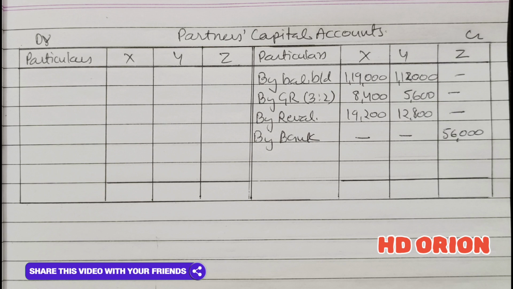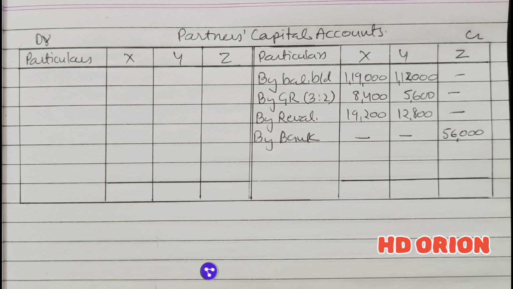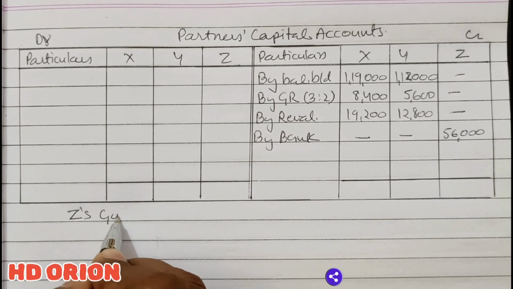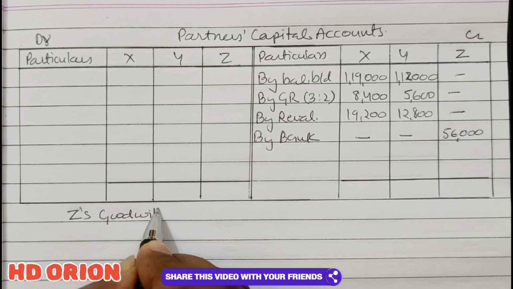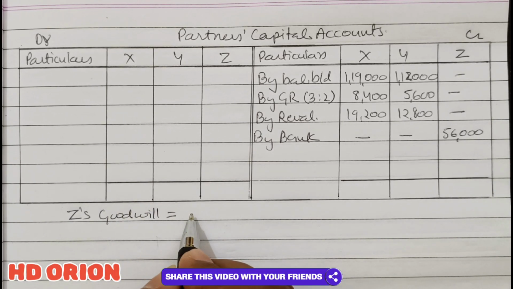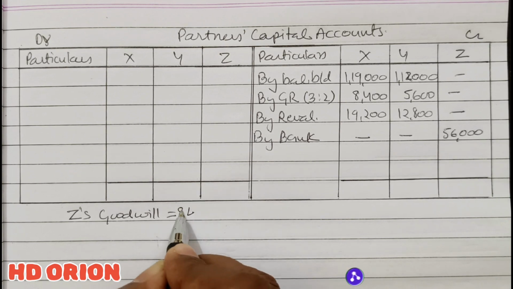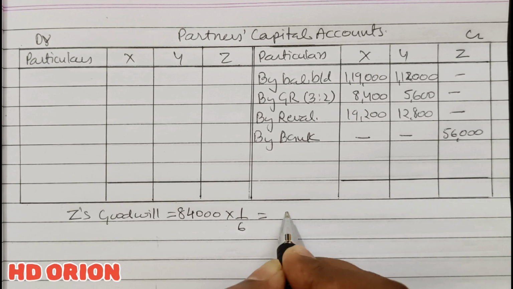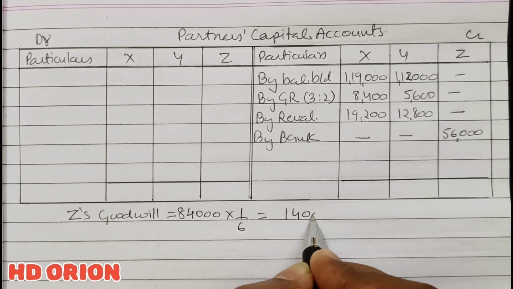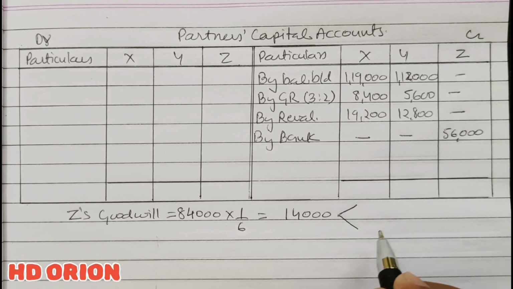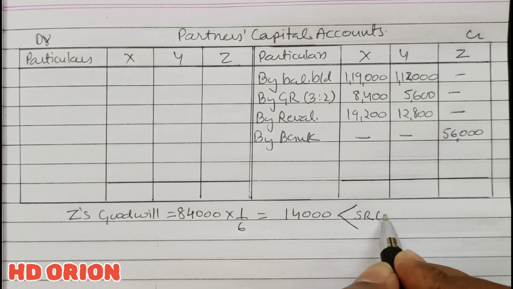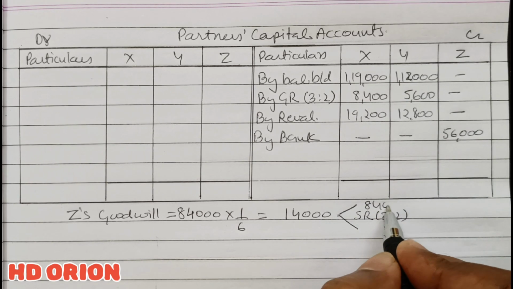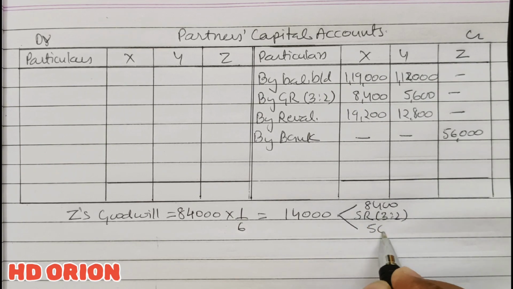Fine. And then he is unable to bring his portion of premium for goodwill. So Z's goodwill is equal to the firm's goodwill, that is 84,000 into 1 by 6, that is equal to 14,000 rupees. Now 14,000 when broken in the sacrificing ratio, which is 3:2, is 8,400 and rupees 5,600.